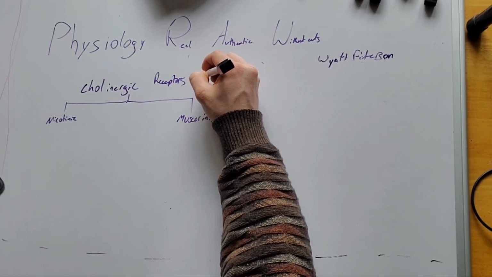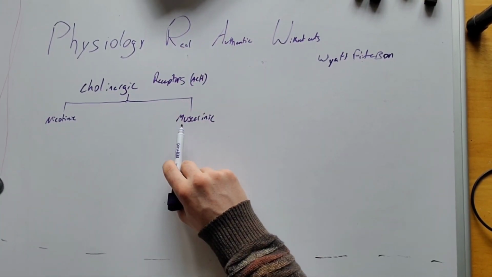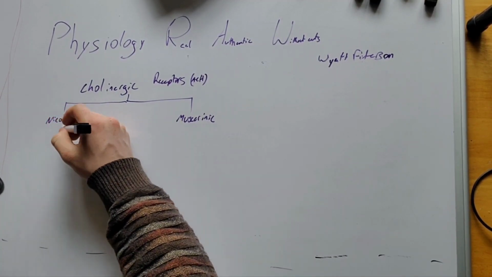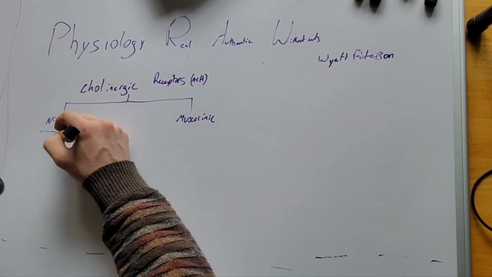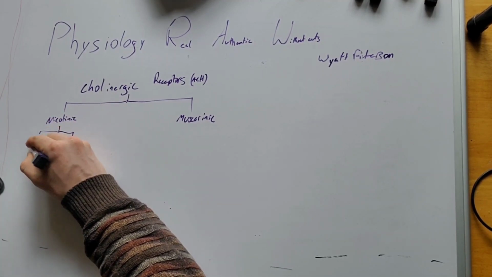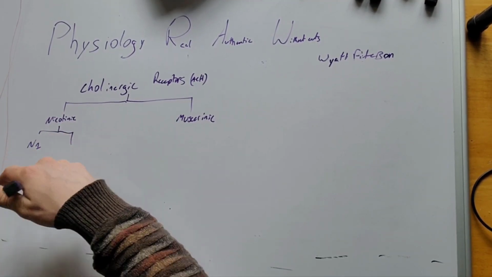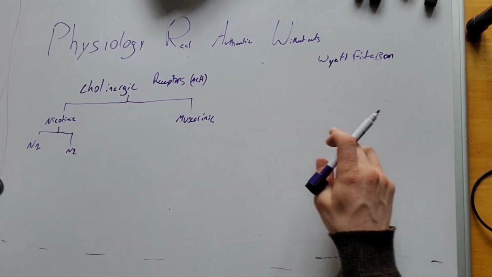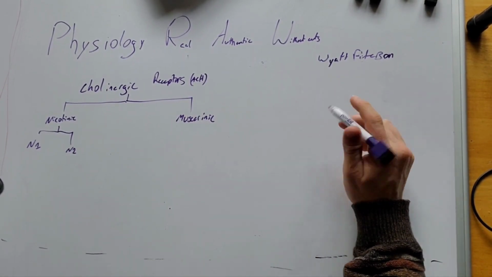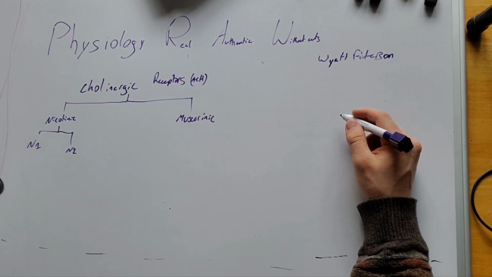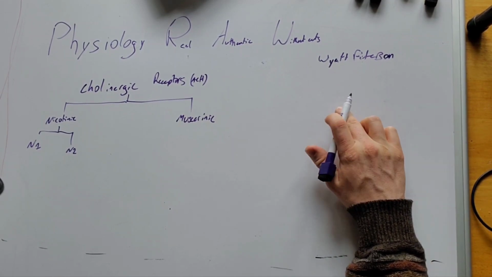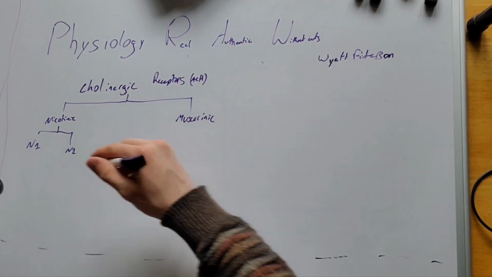They receive acetylcholine, right? And then there's two different types. This one has an N1, which will be discussed later. This is the neuromuscular junction. And then the N2, which is found, if you remember this diagram over here, in between, the postsynaptic neuron has it as a receptor.